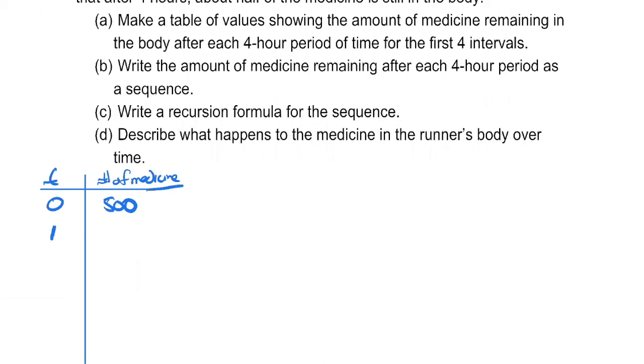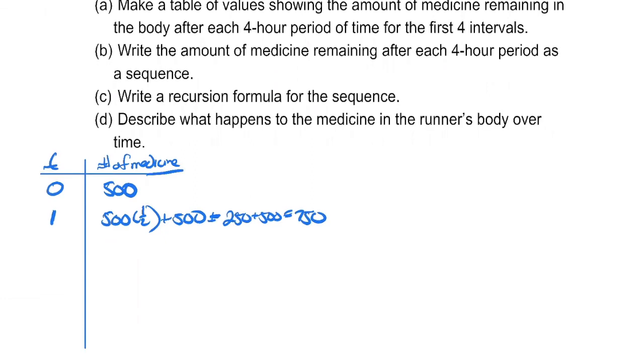It's going to be whatever was in her body before, but only half of that, so that's what the half-life means. And then she just took another pill, which is another 500. So in this case, it's going to be 250 plus 500, which is 750.